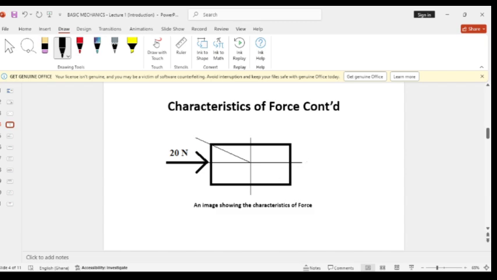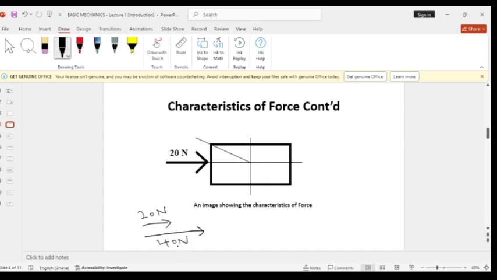The one here is not drawn to scale, but let's assume that it is. Then if one arrow represents 20 newtons, and we want 40 newtons, 40 newtons will be twice the initial one. So we can say that that is the magnitude.